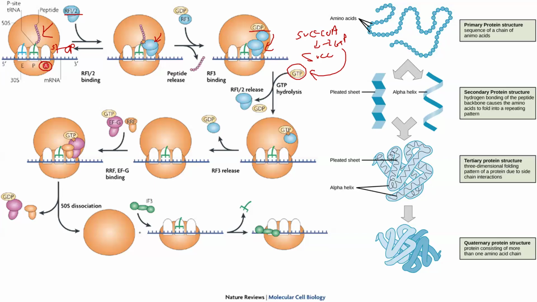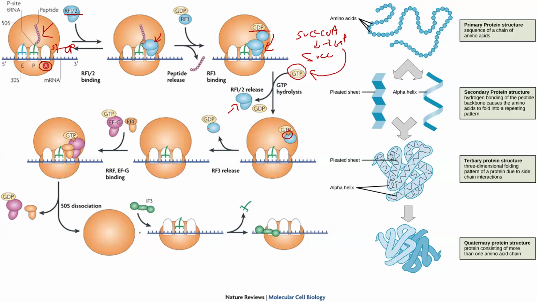This is one of the few different places where GTP plays an important role. So GTP is hydrolyzed, releases a phosphate, and this allows for the creation of energy, which releases release factor 1 and 2 and has release factor 3 still in tow, but removes it from the aminoacyl site.